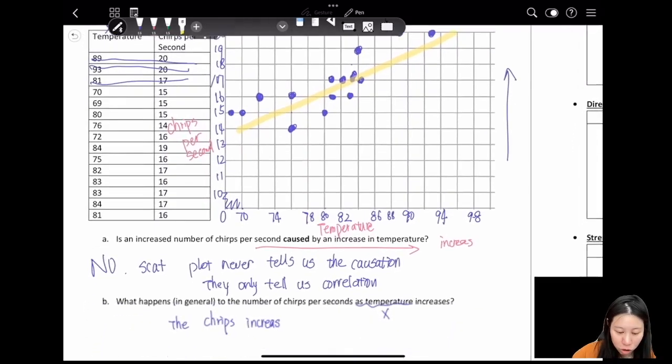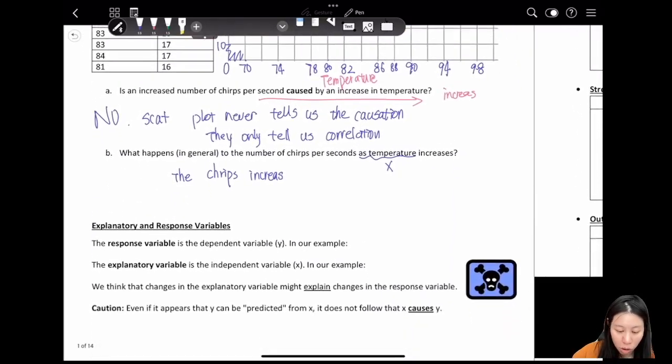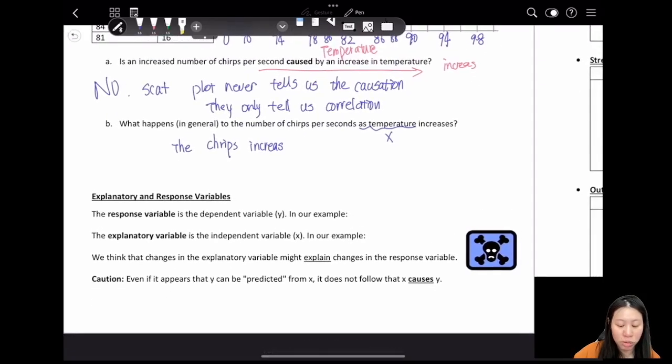Okay, so in the scatter plot, we have the explanatory and the response variable. The response variable is the dependent variable, which is our output. In this case, it would be the chirps per second.